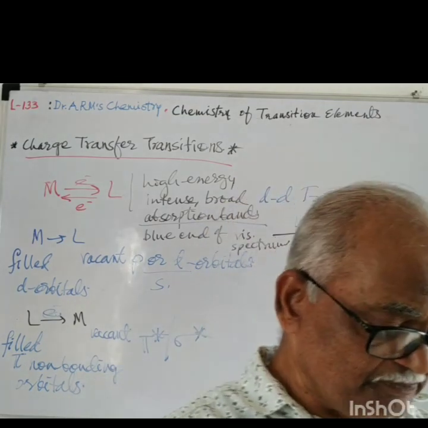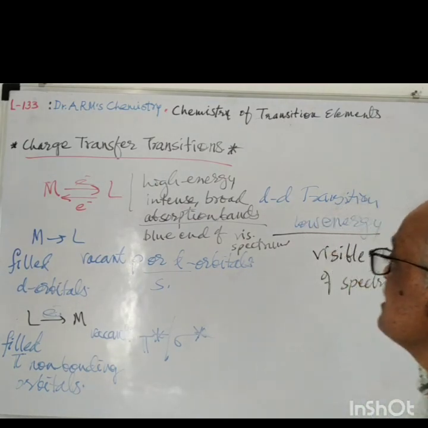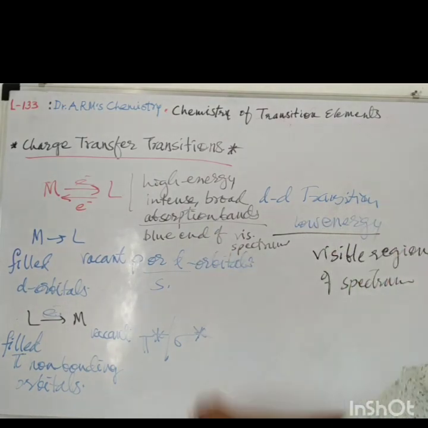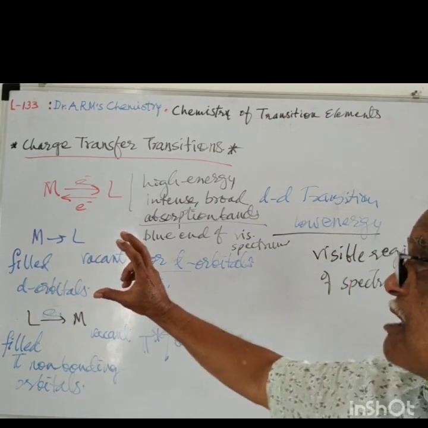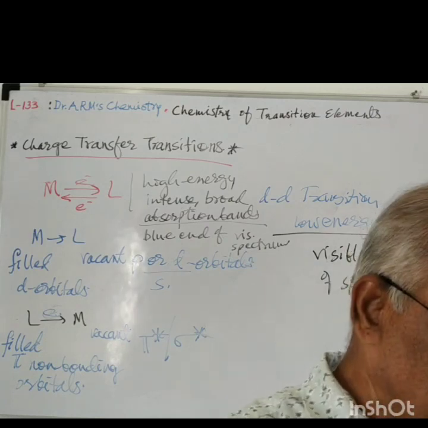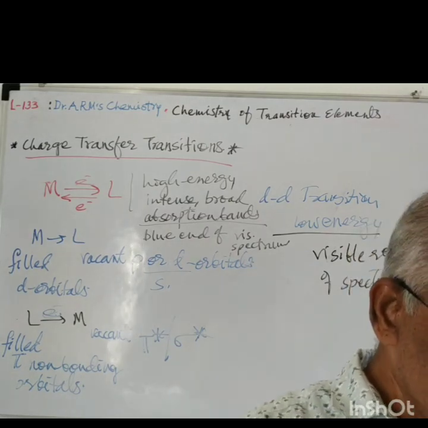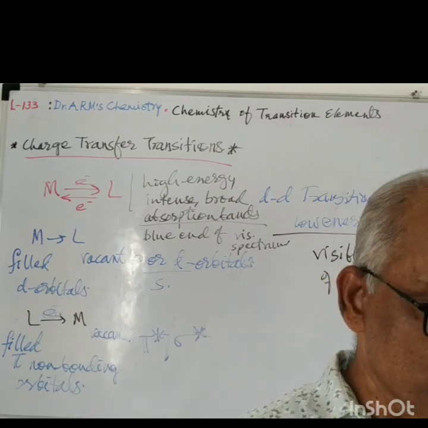If we observe the charge transfer transitions, these are mostly observed in the UV region or between the visible and UV region of the spectrum, but which are high in energy. So the charge transfer bands are very strong and broad.